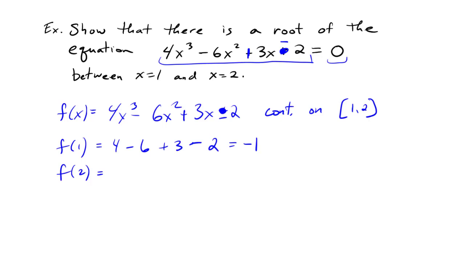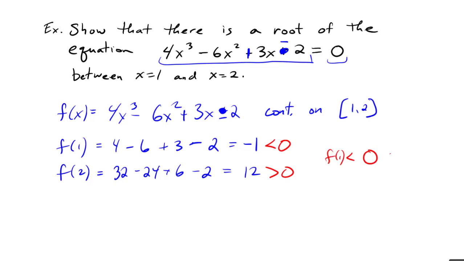Then I do it at 2. I'll get 32 minus 24 minus 6 plus 2, and I'll get 4. It's not really that important what numbers I got, just that negative 1 is less than 0, and the value at 2 is greater than 0, so I found 0 was between f of 1 and f of 2.